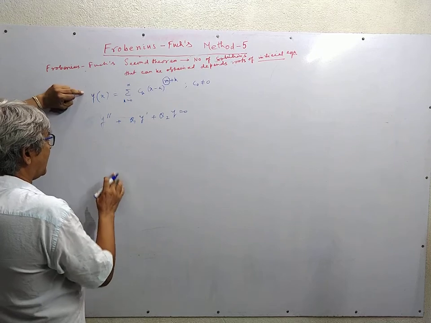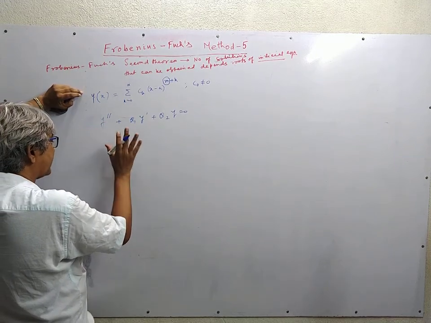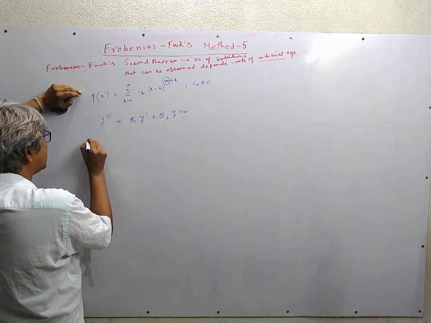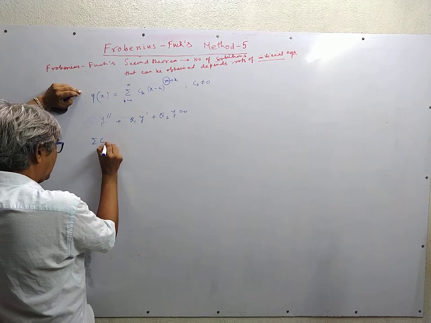Then we apply all these things, and the resulting equation that we get is summation over k.